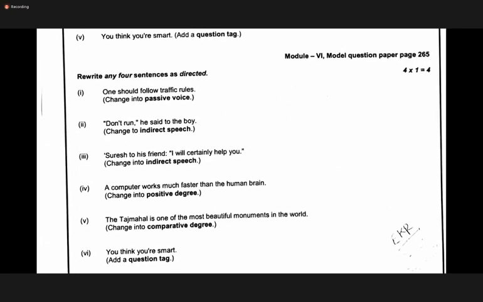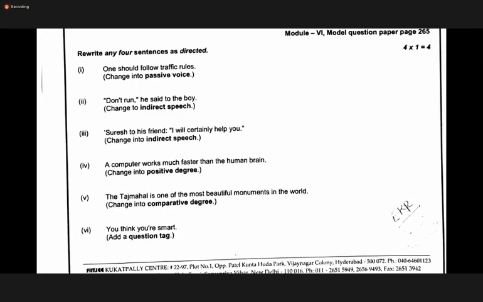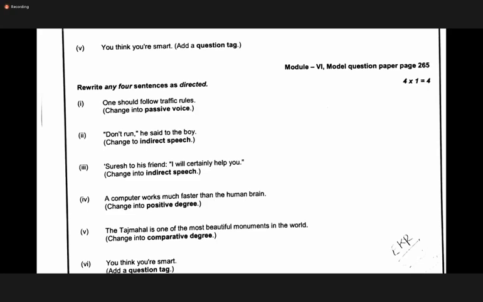How the question is asked in the exam, we will see first. Then I am explaining question tag. That's how the question is asked in the final exam. In the model question paper, page number 265, this is a question, the 11th question in the question paper. You are given 6 sentences from these topics.